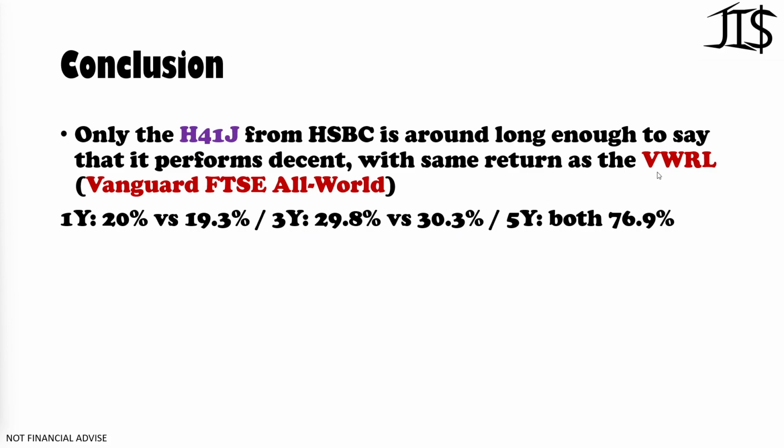So there the VWRL wins. But on 5-year performance, both are up 76.9%. So not that big of a difference, except the VWRL has a lot more stocks in it compared to the H41J. So if you look at it that way, they did a good reduction in the amount of stocks.